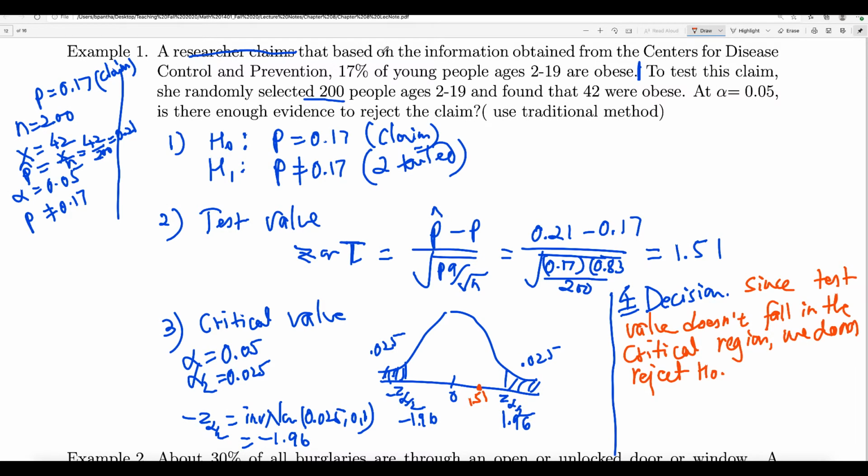That means the claim that 17% of the young people between age 2 and 19 are obese, that claim looks like it is true, right?